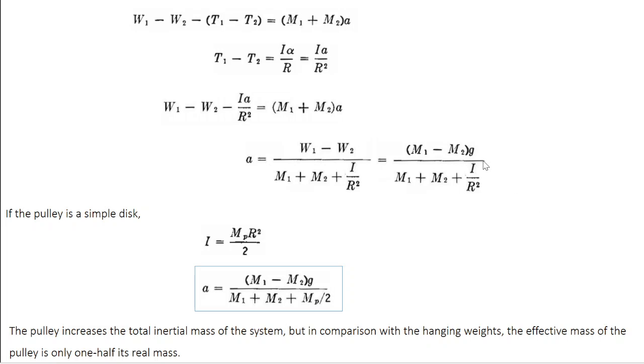Now let's calculate the expression for moment of inertia. If you assume that the pulley is a simple disk with mass mp and radius r, the moment of inertia is half mp r square. So substitute for I in this equation, you get A equal to (m1 minus m2) into g divided by (m1 plus m2 plus mp by 2).